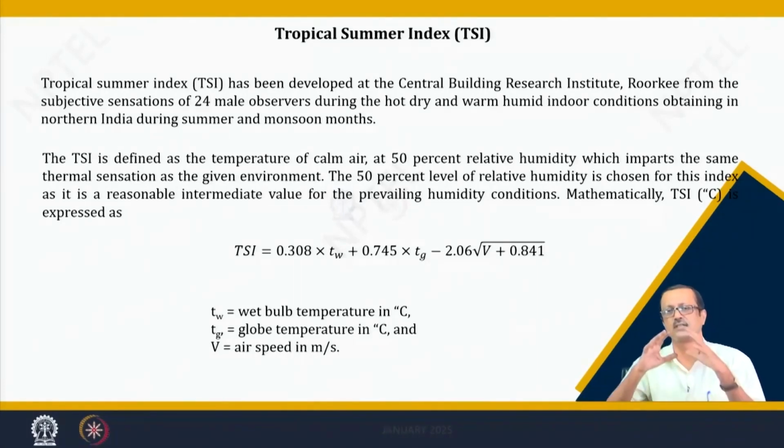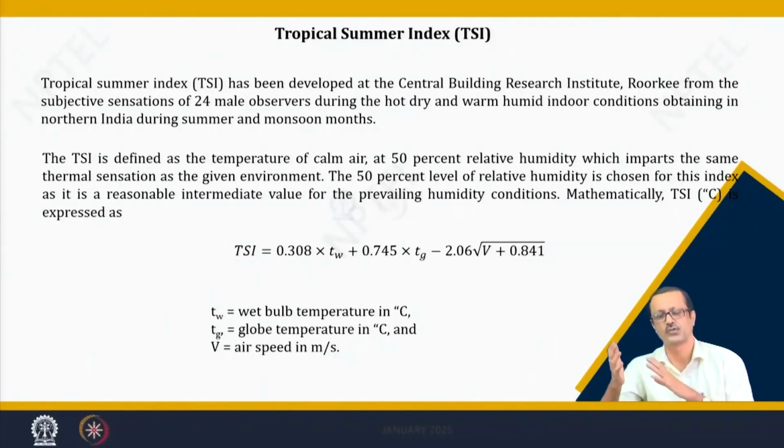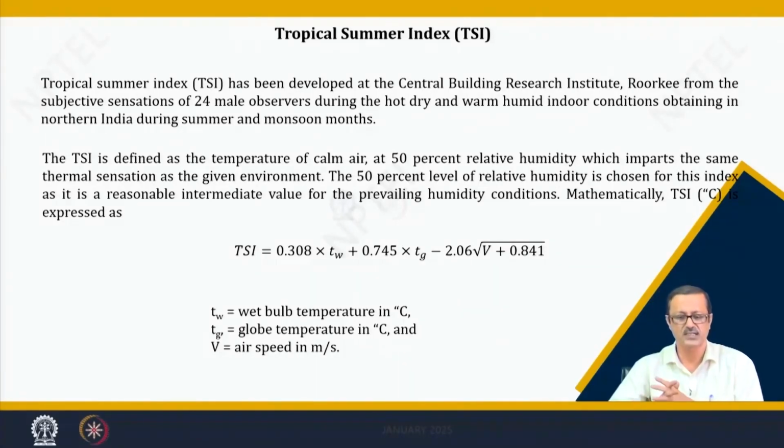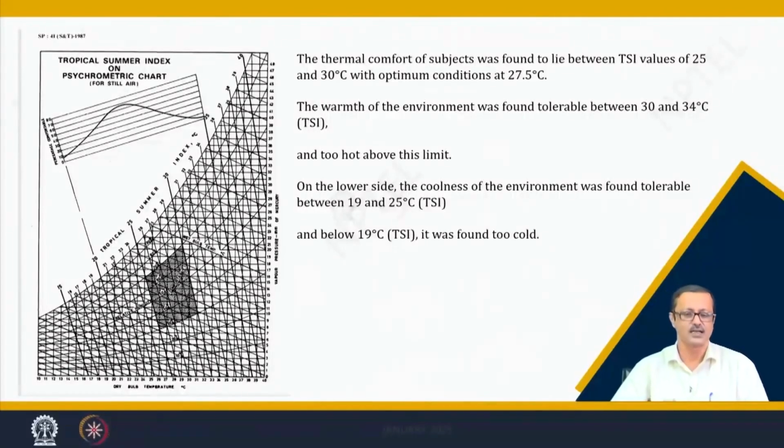In the tropical summer index, they have taken the RH, the globe temperature, which is close to the DBT, and also the speed of air. Those are taken into account, and this TSI can be computed. If you know the globe temperature, DBT, wet bulb temperature and the velocity, you can calculate it.